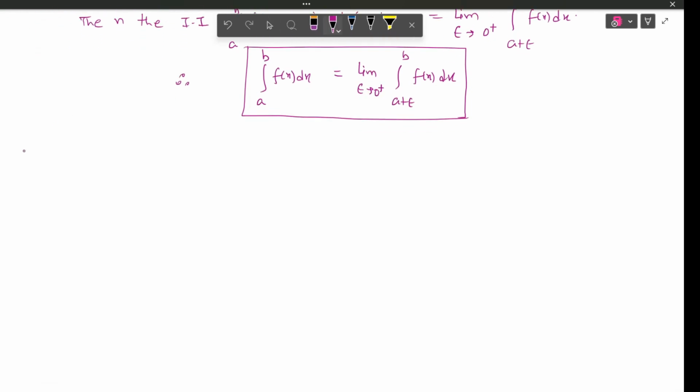If we take one example to understand this, let us say we have to evaluate integration 0 to 4 dx by root x. Here you can see that at the lower limit, if you put 0 here, 1 by 0 is infinite. So we have only one point of discontinuity, that is 0.